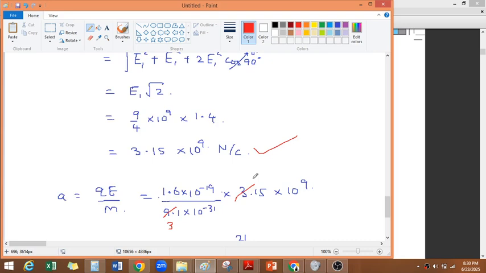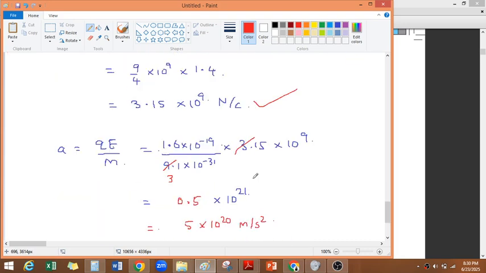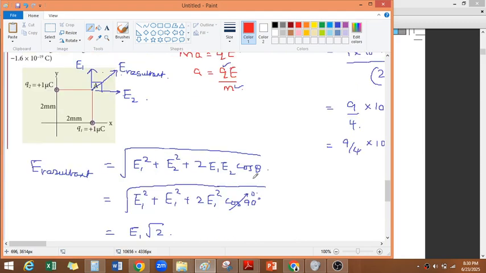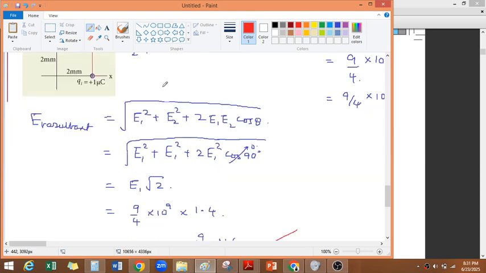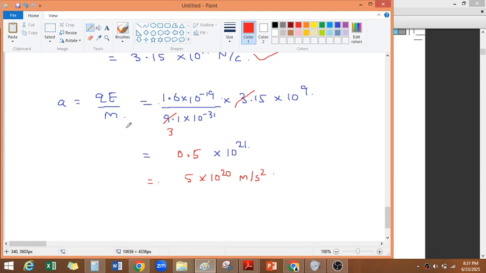Since they said simply electric field, they have actually calculated the vector also, the vector form. So this is in the I direction, this is in the j direction. So E resultant is written as E i plus E j. Of course, whatever you have done is correct.